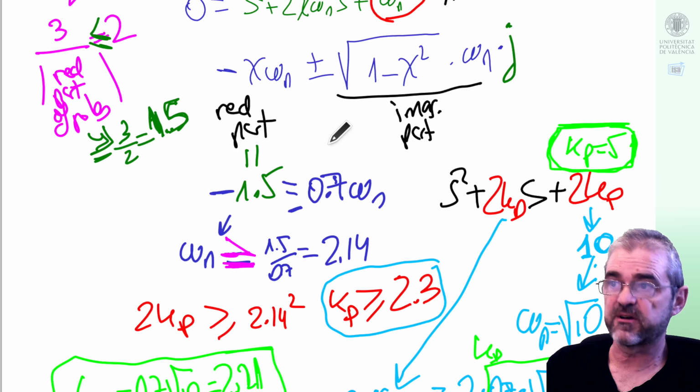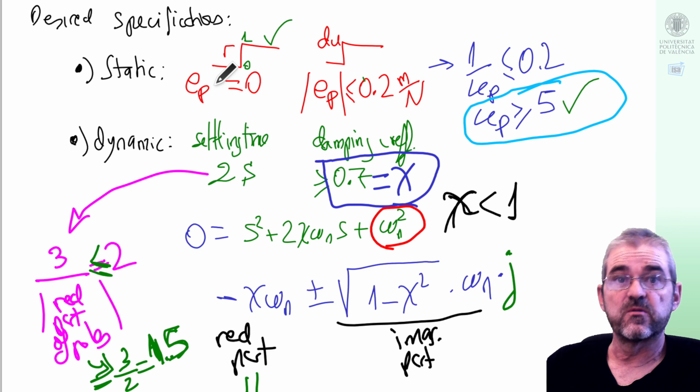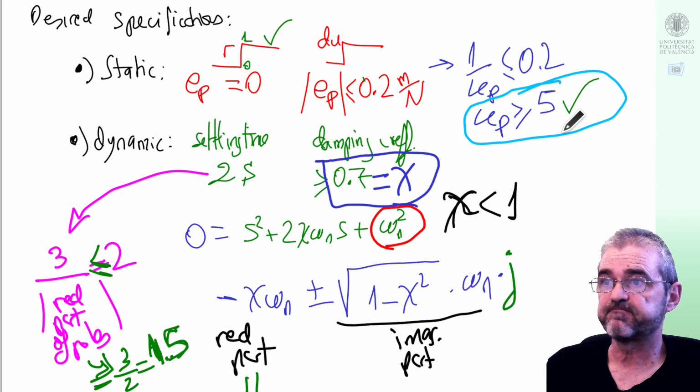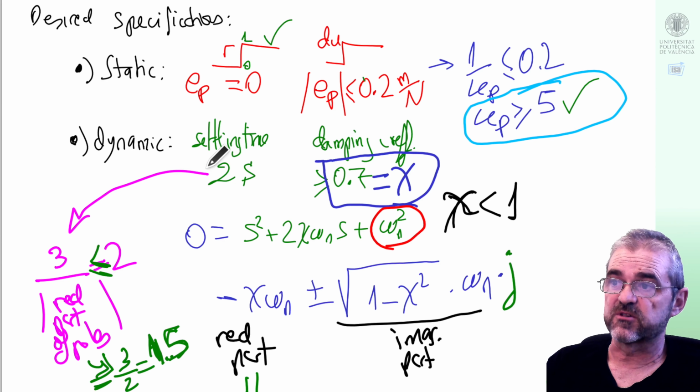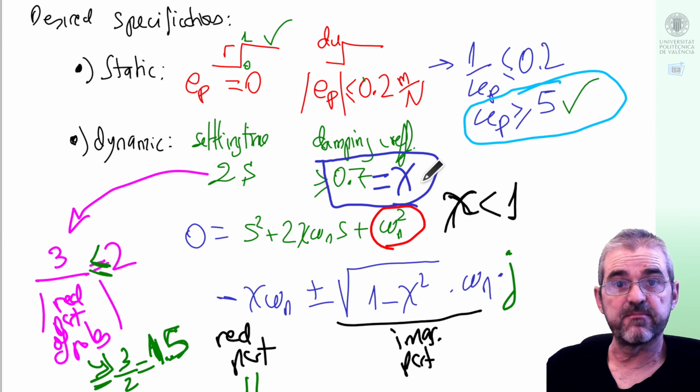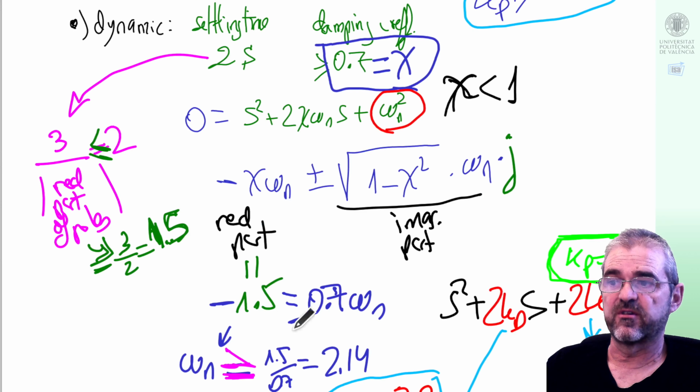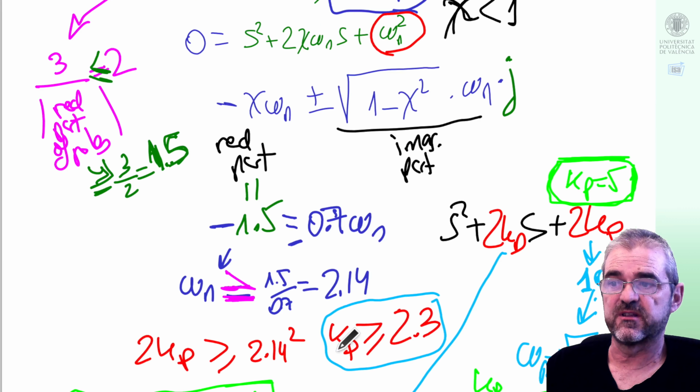In here, if we summarize, in this video, we designed a controller based on some static requirements on the steady state error that required me a proportional gain of 5, and then also from some settling time and damping, we deduced a lower bound for the natural frequency that was a different lower bound for the proportional gain.